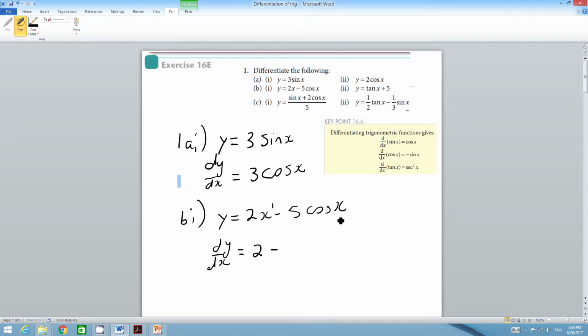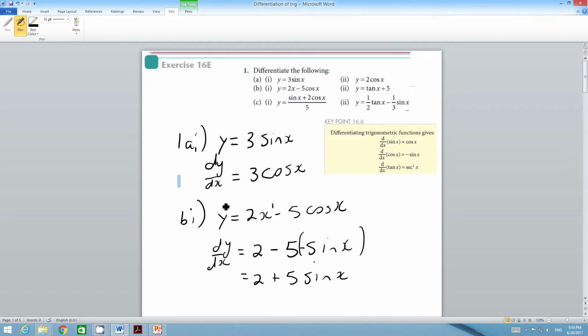Minus 5 cosine of x, like I just told you, the constant stays the same, and the derivative of cosine of x is negative sine of x. So I can write it like this, negative sine of x. Now this minus 5 times a negative becomes plus 5 sine of x.